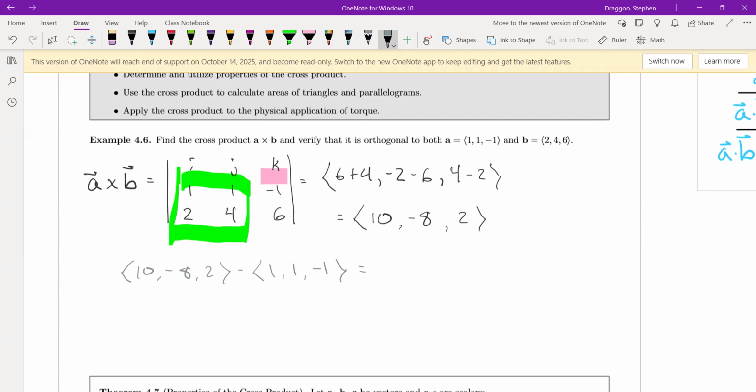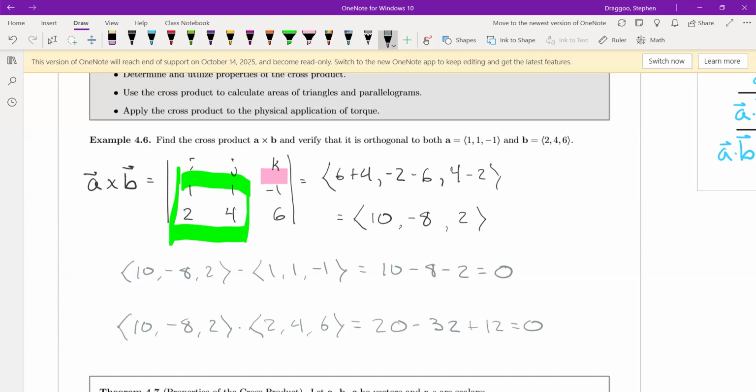And I get 10 minus 8 minus 2, which is 0, I think. And then same thing, but with the other vector, 10, negative 8, 2, dotted with 2, 4, 6, to get 20 minus 32 plus 12, which is 0.